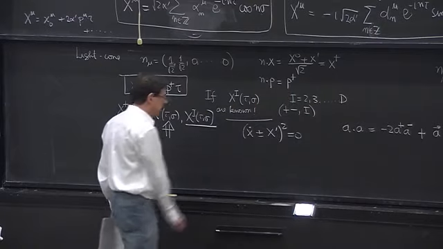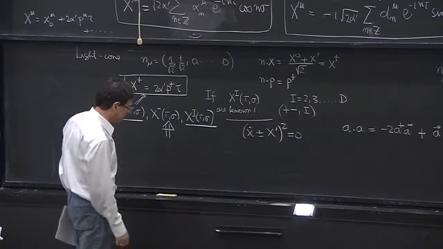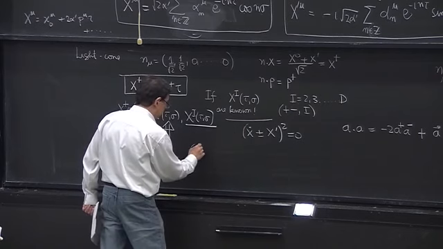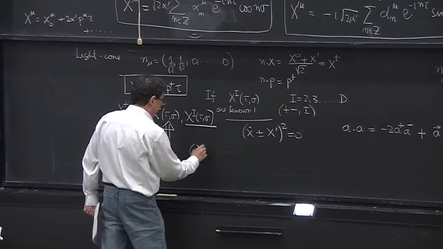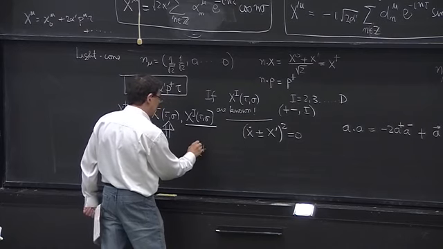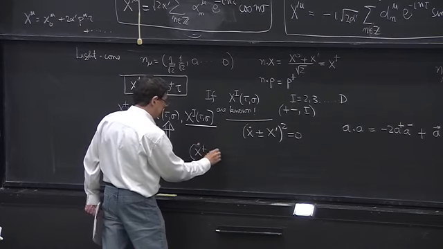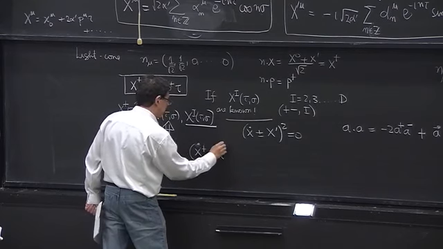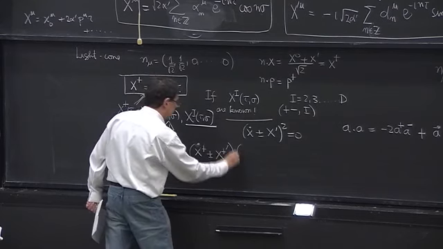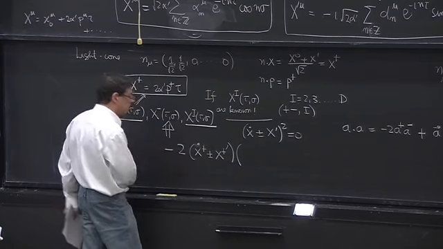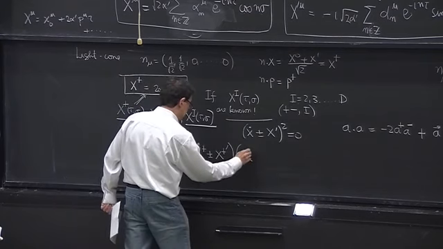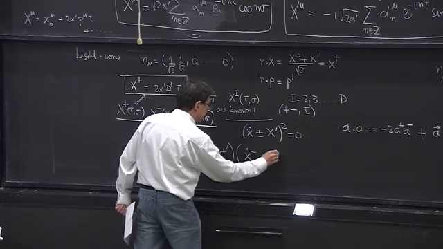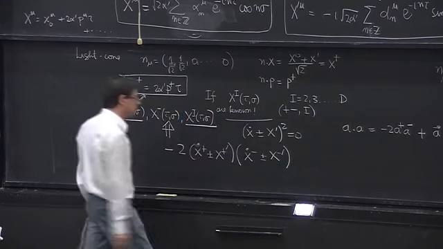So this term is x plus dot plus minus x plus prime, times minus 2 times x minus dot plus minus x minus prime.